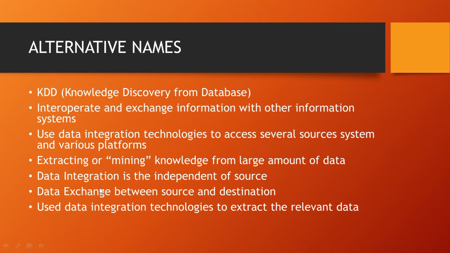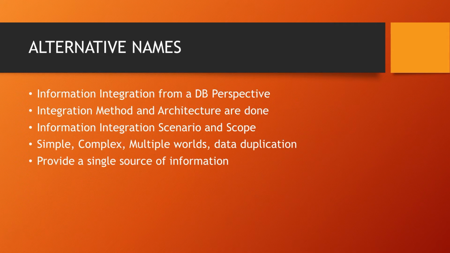Data integration is also independent of source, location, data model, syntax, and semantic variations. Data exchange, however, happens between source and destination, and uses data integration technologies to extract the relevant data and build new data. Information integration from a database perspective is also used, as well as integration methods and architectures done by the mediator approach and information integration scenario and scope.